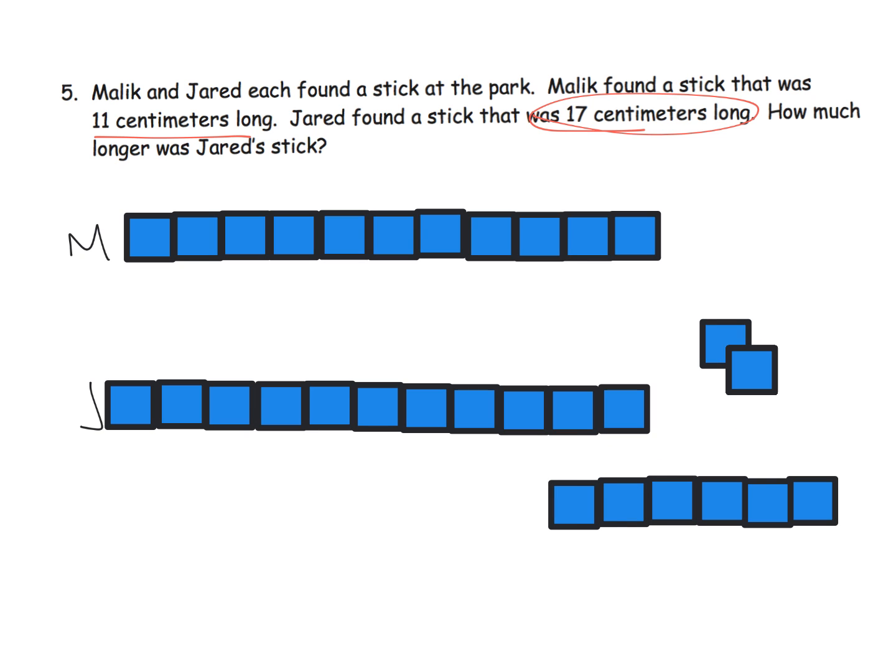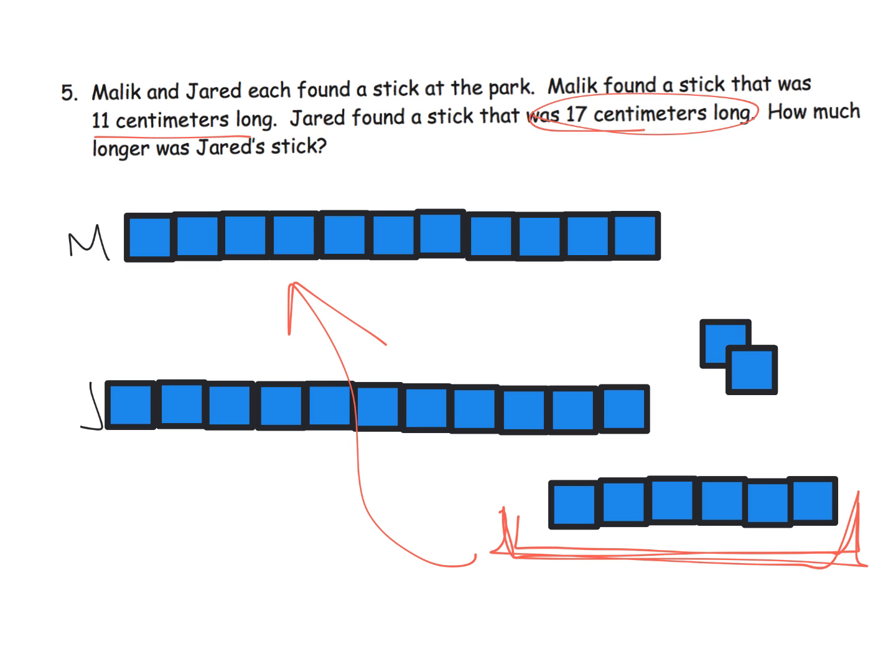So what we can see is Malik's stick right here is this much, Jared's stick is this much longer than Malik's stick up here. So we can use just counting on 1, 2, 3, 4, 5, 6 to answer the question.